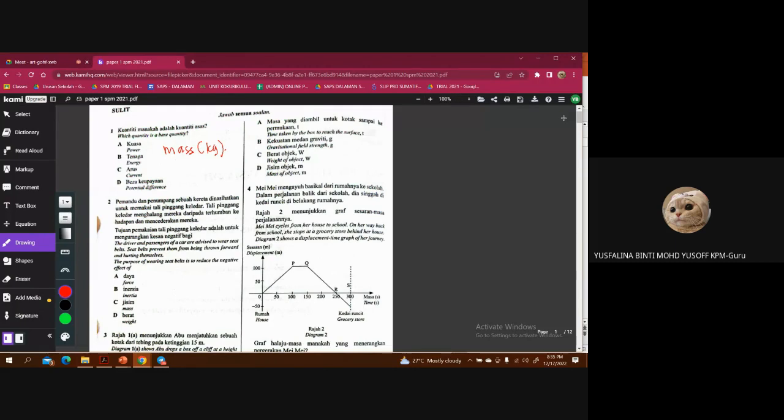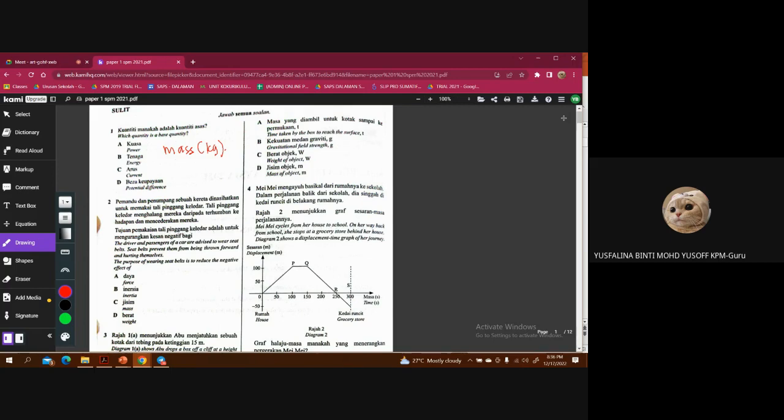So you need to know the physical quantity and what the unit for it is. For this one, the basic quantities that you already know are current, mass, time, length, light intensity, and the number of mole. That's the example for the base quantities.